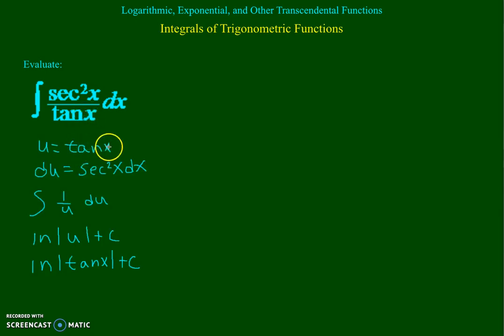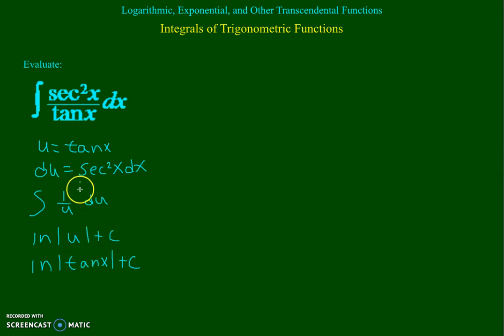Here I picked tangent as my u, and therefore du is secant squared x dx. And so what we have here then would be the integral of 1 over u du. Since tangent is the u and it's on the bottom, it's 1 over u. Du is this secant squared x dx. And the integral of 1 over u du is just the standard natural log of the absolute value of u.